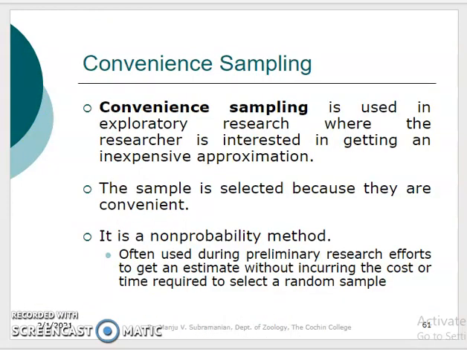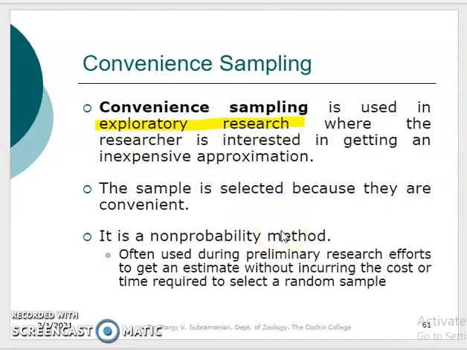Then the next type is convenience sampling. In this convenience type of sampling, it is a type of exploratory research where the researcher is interested in getting an inexpensive approximation.